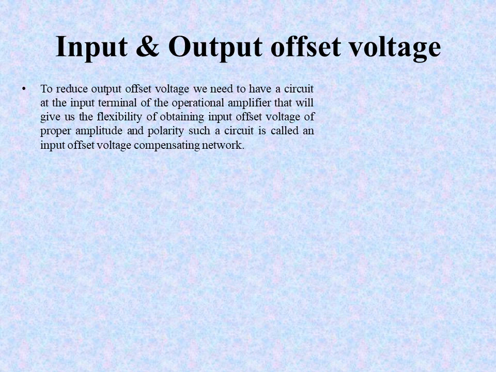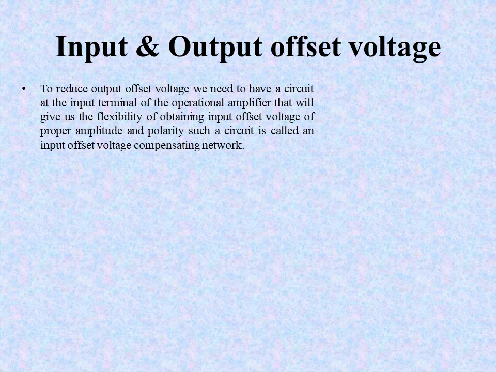For that we need an additional circuit that is to be connected at the input terminal, and the circuit should work in such a way that the input offset voltage that we obtain to reduce the output offset voltage to 0 should be of proper amplitude and polarity, so that it helps us in reducing the output offset voltage to 0.